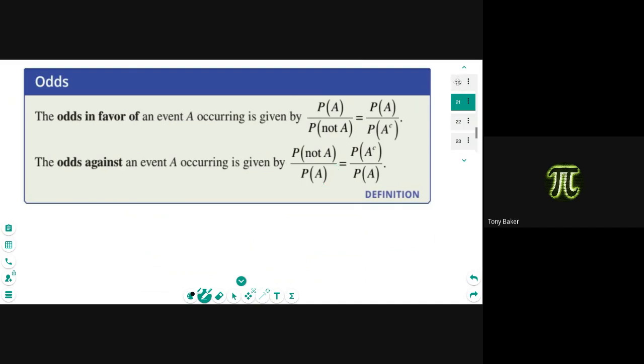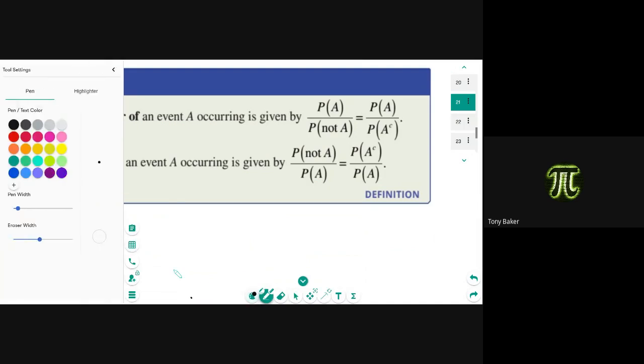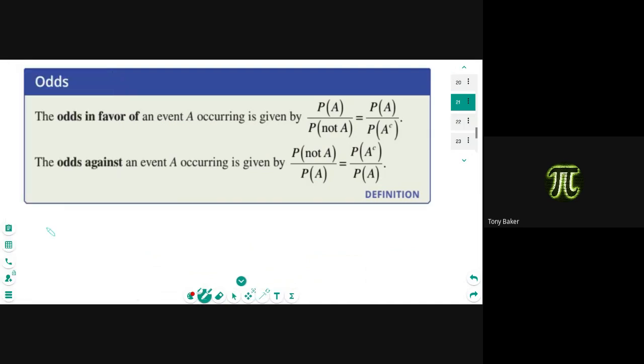So if I want the odds of red, what I want, there's 18 red on the table. That's the probability of red.